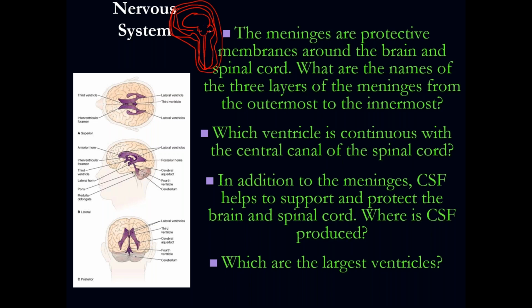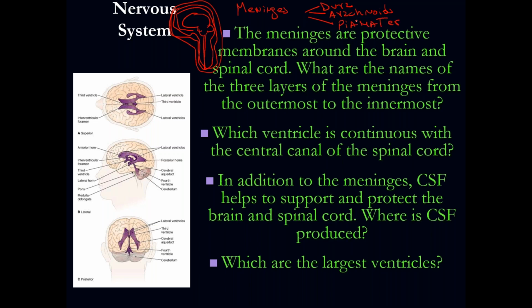Not only the brain, not only the brain stem, not only the cerebrum, but the whole spinal cord together. So those are called the meninges. The outer layer is called the dura mater. The middle layer is the arachnoid, and the inner layer is the pia mater.